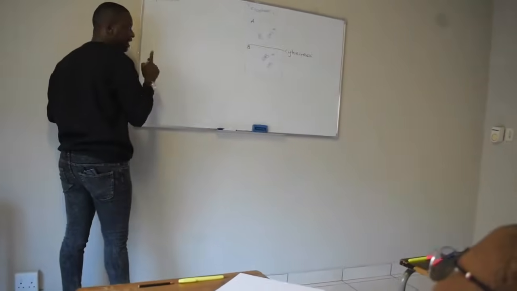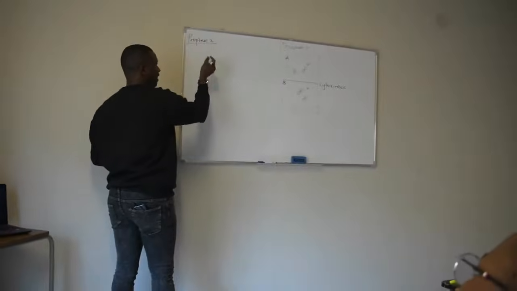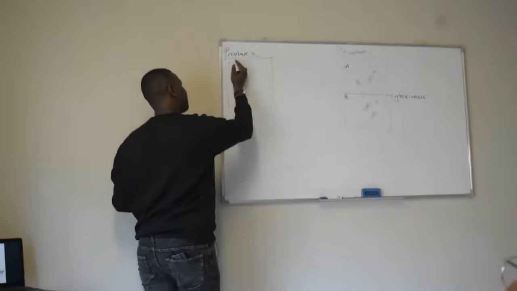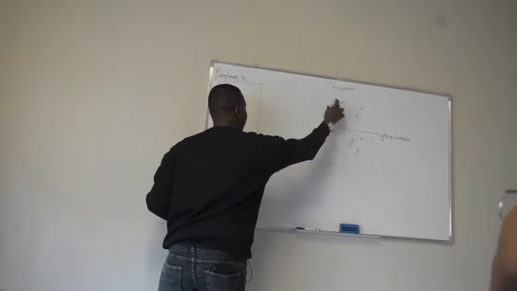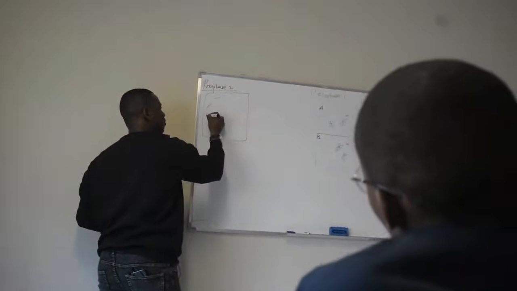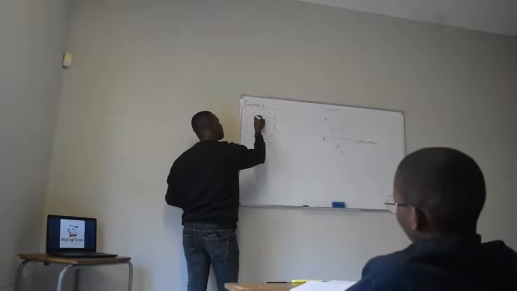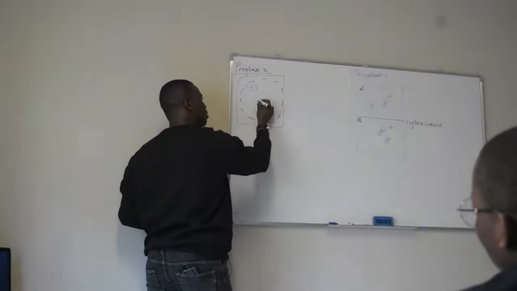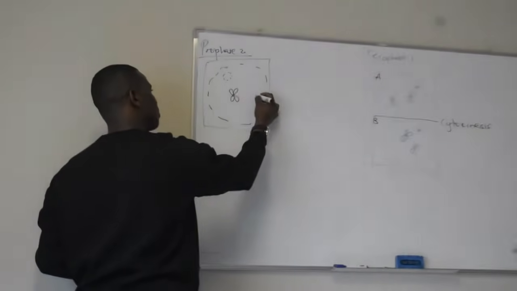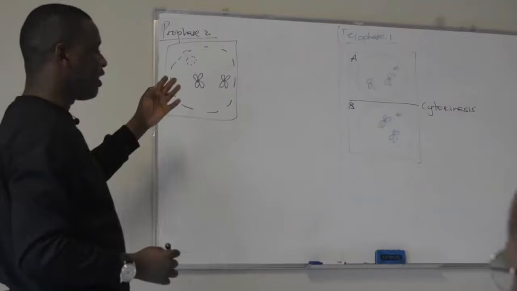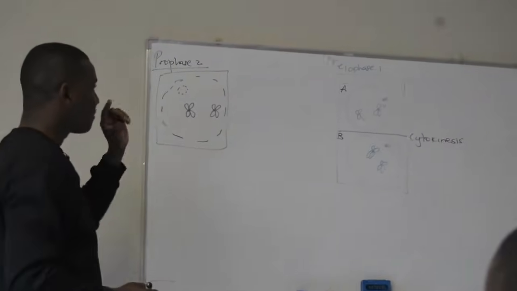The moment I put the cell in prophase, this is what happens. Immediately I put it in prophase, the nuclear membrane and nucleolus start to disappear. How many chromosomes do I have? 2. Do you understand? That's the only thing you have to say about prophase 2.